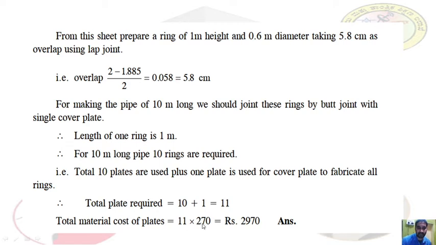The cost of one sheet is 270, so the total material cost will be 11 into 270, that is 2970 rupees.